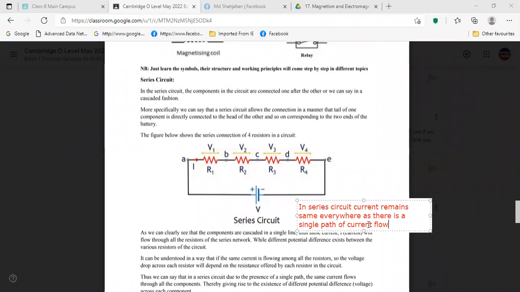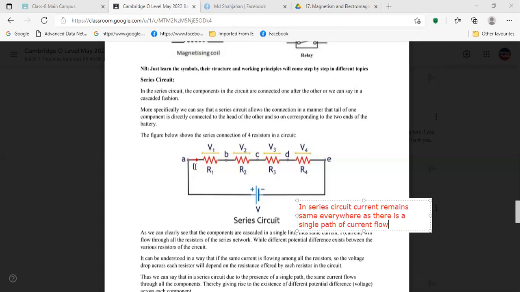And you see here in the circuit, it's labeled I, and just above this I there is an arrow. So it's showing the current direction from positive to negative, and the current value is same everywhere.